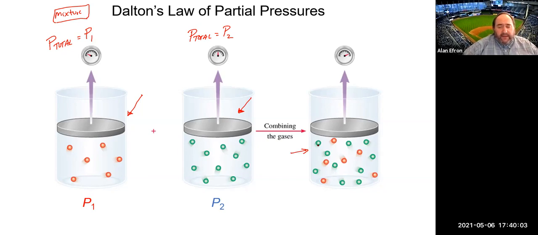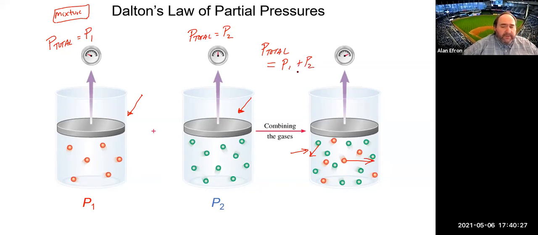The green guys are flying around doing collisions, causing some pressure, and the red guys are too. So the total pressure is a result of both gases in this container, P1 and P2 in this example.